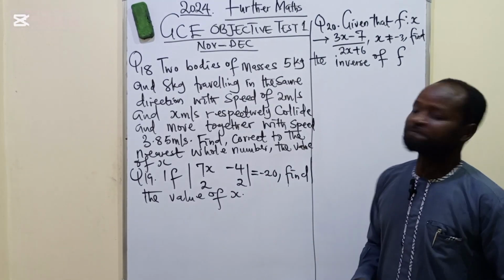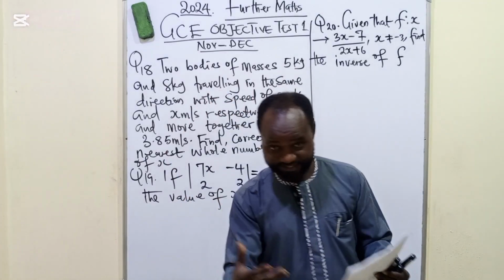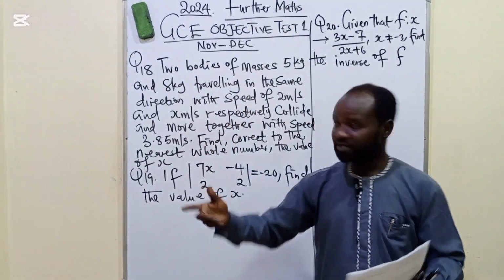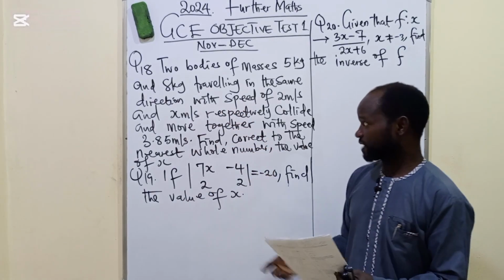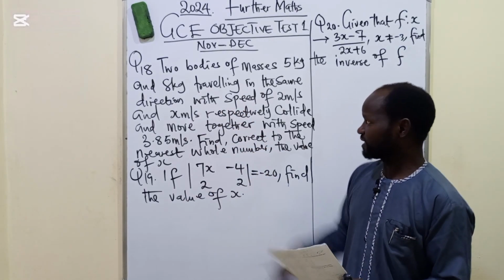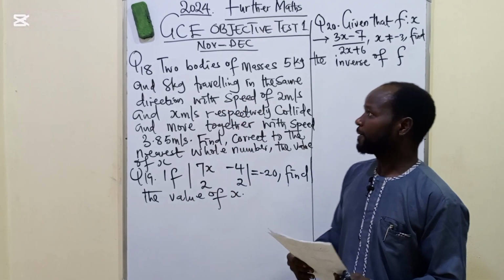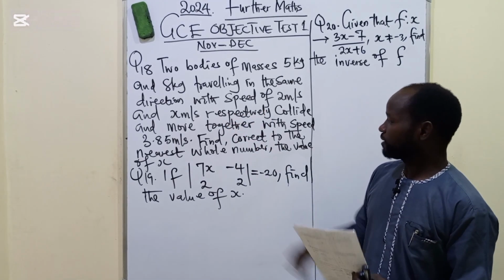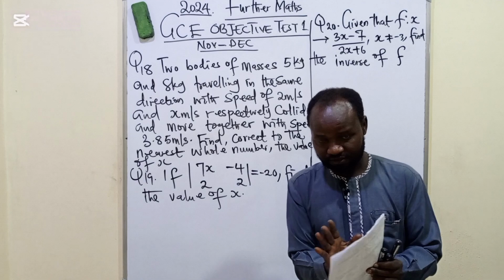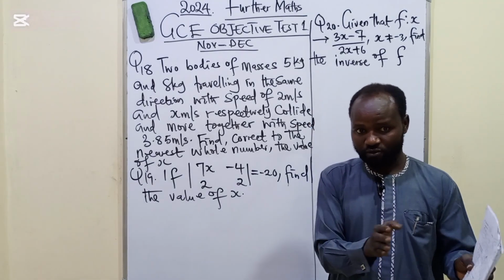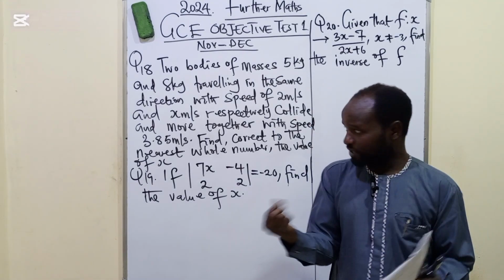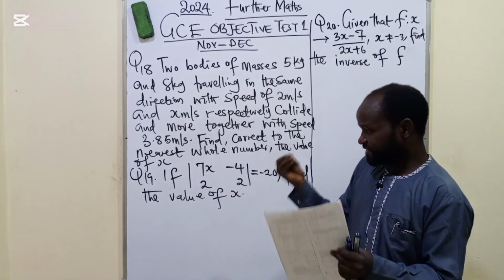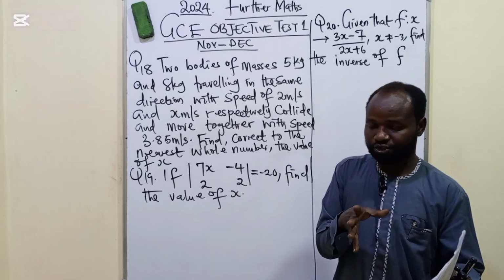First thing to do is to identify which topic question 18 is coming from. Of course, this is dynamics, under applied mechanics. Very important, and this is under the law of momentum. We state that if there are no external forces, the total momentum before collision of two particles will be equal to the total momentum of the same particles after collision.